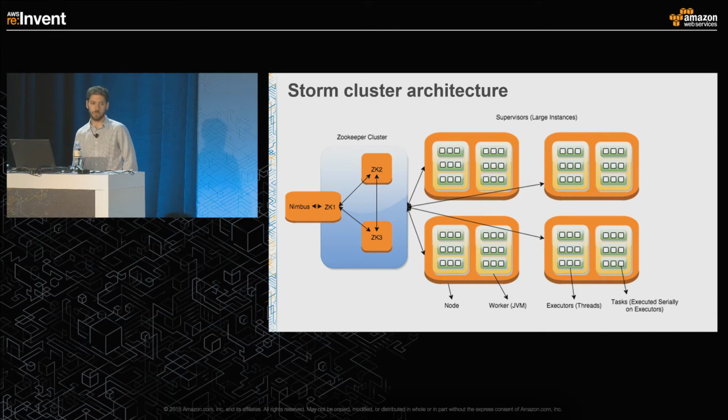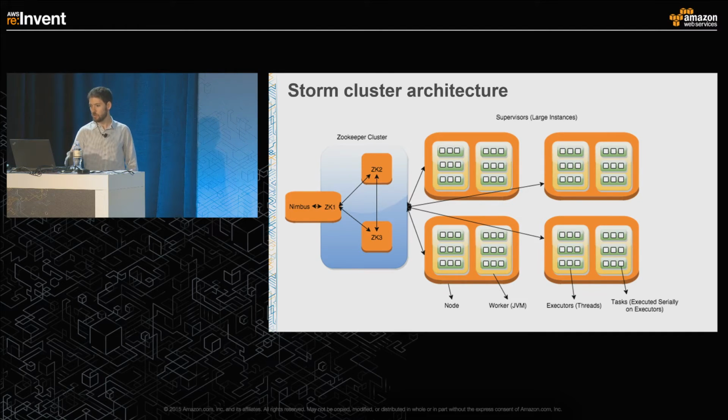You have a Nimbus machine, which is your master node, sort of like a job tracker in a Hadoop cluster, or resource manager, I guess, in YARN. That does stuff like sending the jar files out to all those supervisor machines, which are your slaves. It assigns tasks to each worker that you've spun up on the supervisors and so forth.